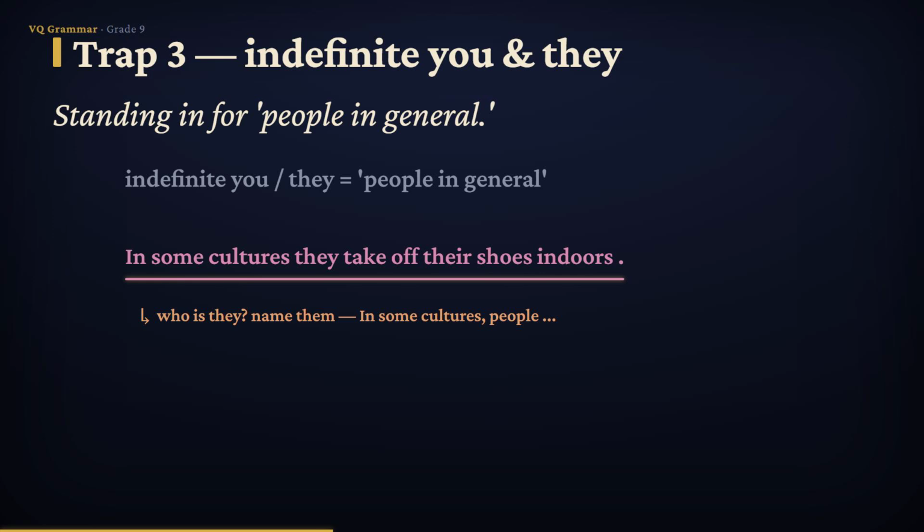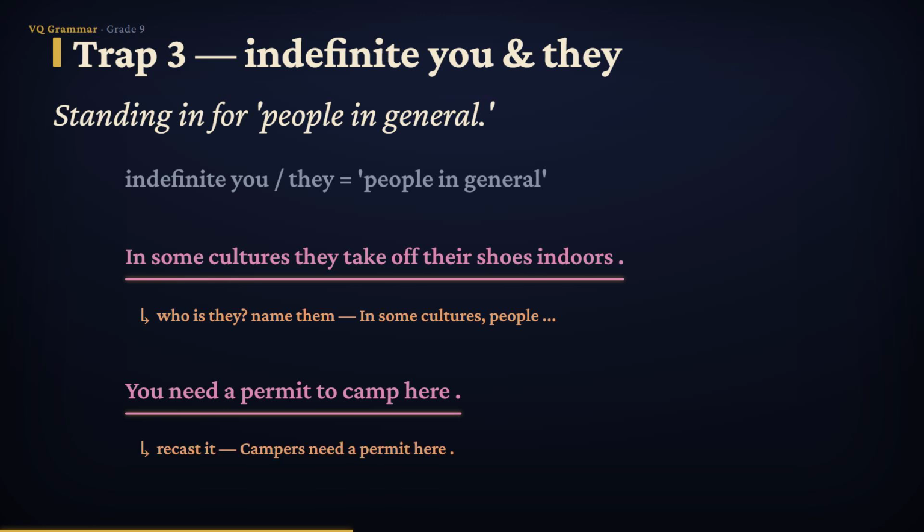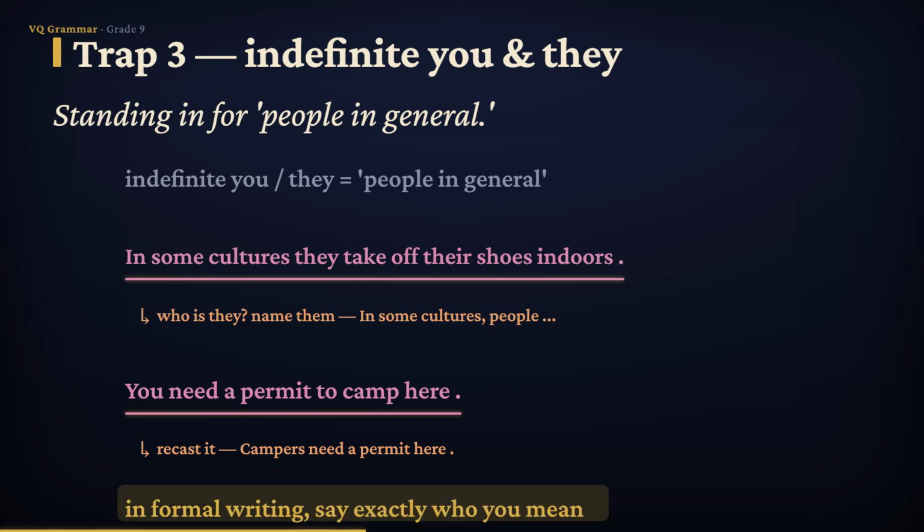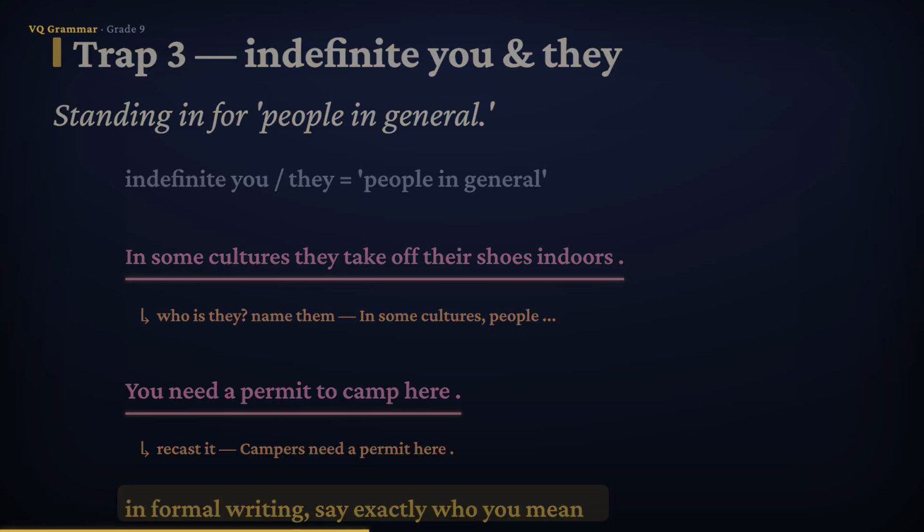In some cultures, people take off their shoes indoors. The same goes for the vague you. You need a permit to camp here. Who is you? Me, personally? Better to recast it. Campers need a permit here. In everyday speech, these slip right by, but in formal writing, always say exactly who you mean.